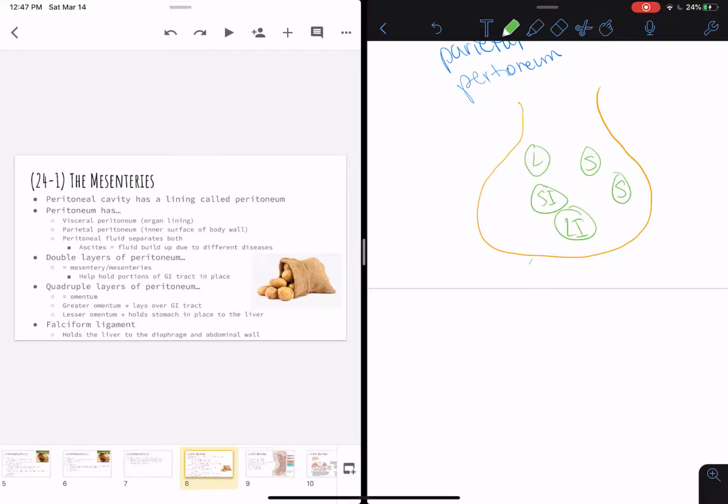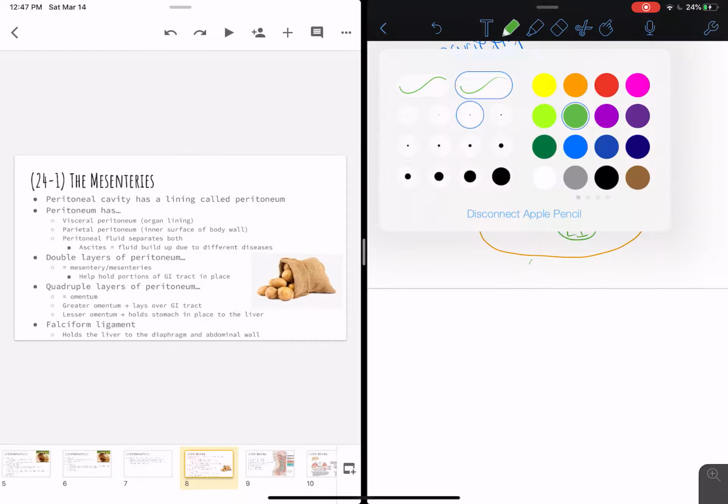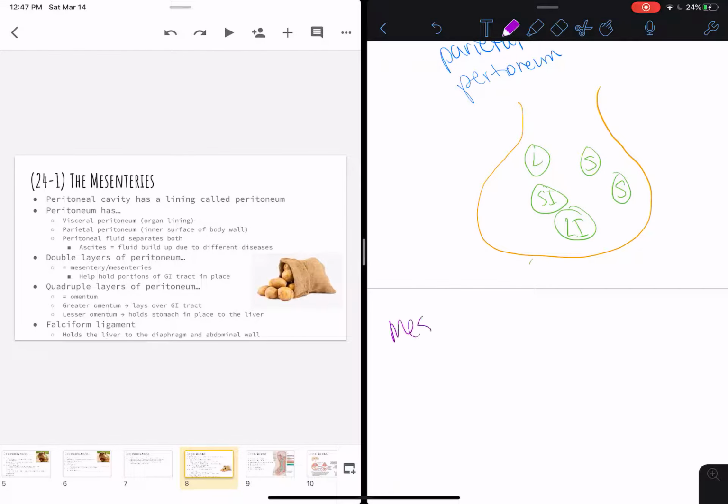And now we're going to draw in the mesenteries. Mesenteries are essentially two layers of peritoneum. So if you can envision the peritoneum folding in on itself and grabbing an organ with it, that's a mesentery.